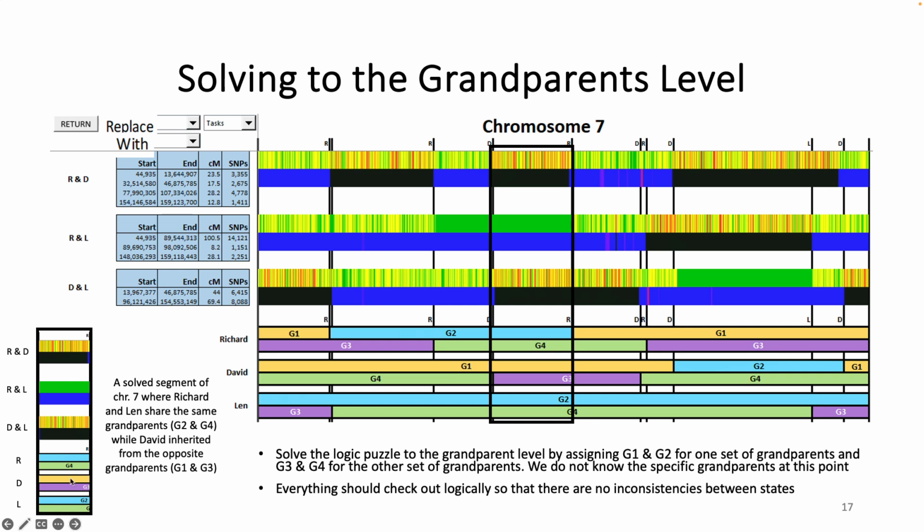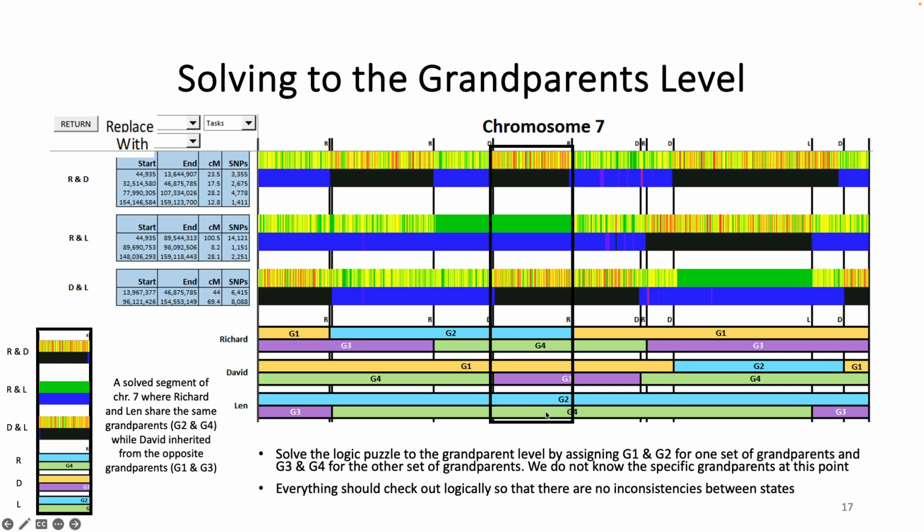He inherited his DNA from grandparents G1 and G3, and they're all color-coded to show the difference. Now, Richard and Len share fully all of their DNA along this segment, so lo and behold, this blue and green for G2 and G4 are exactly shared with Len in this area.